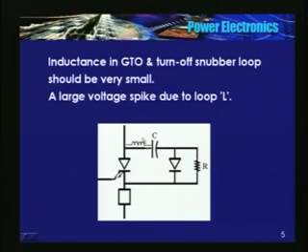Because of this loop inductance, when you turn off GTO, the current does not get transferred to the snubber. So there's going to be a large voltage spike. So this inductance should be very small. In other words, snubber layout is very important.